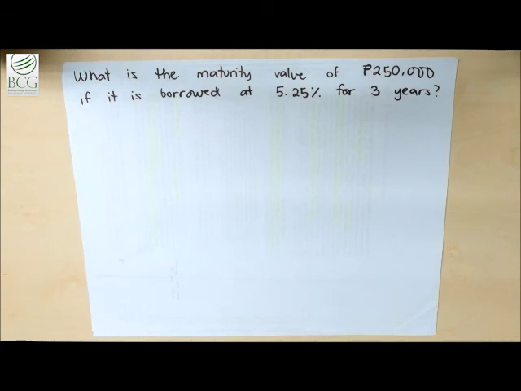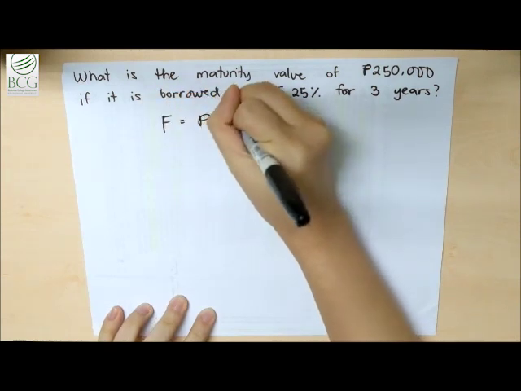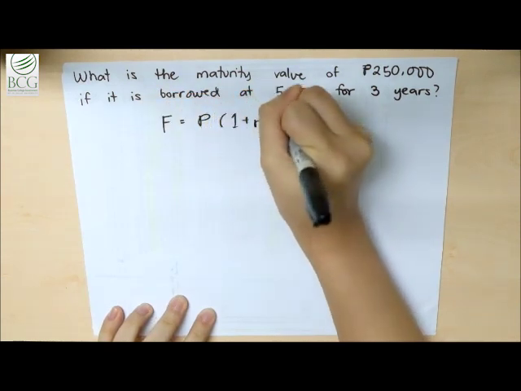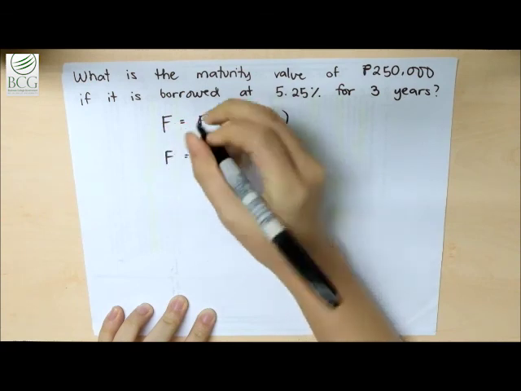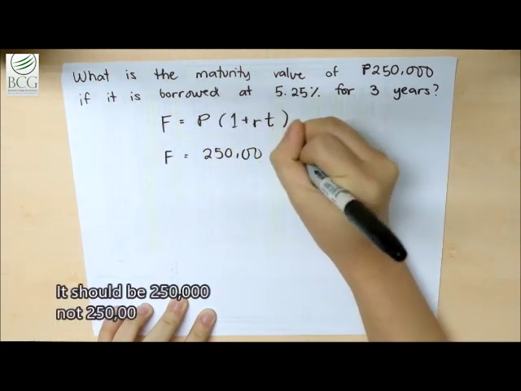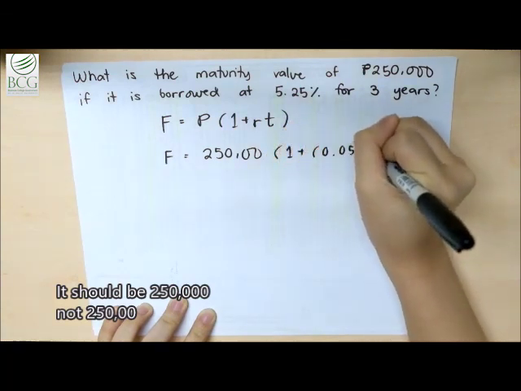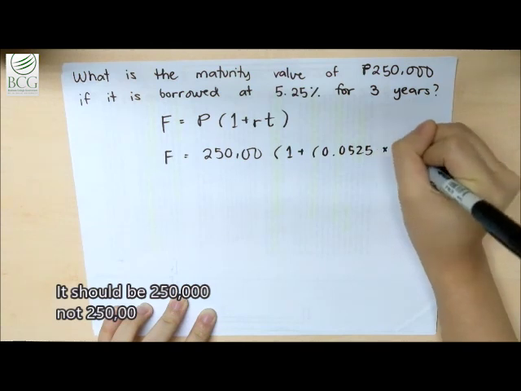What is the maturity value of 250,000 pesos if it is borrowed at 5.25% for 3 years? So as discussed earlier, the formula for the maturity value is F equals P quantity 1 plus RT. Based on what's given, we know that P is equal to 250,000. R is 0.0525 and T is 3.